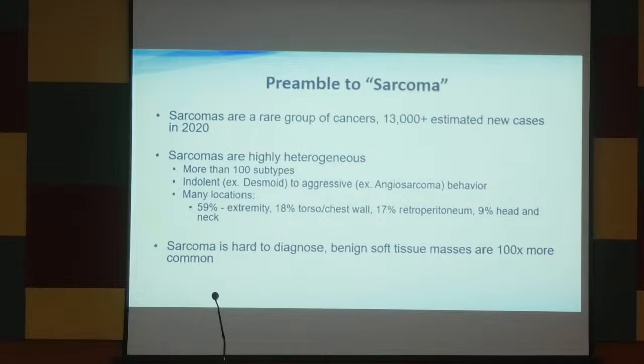Head and neck tumors include odontoblastoma. They are 2% of all malignancies, and the worst thing is they are very hard to diagnose. Benign soft tissue masses are 100 times more common. Benign lesions are more common, so we will see what the benign lesions are.